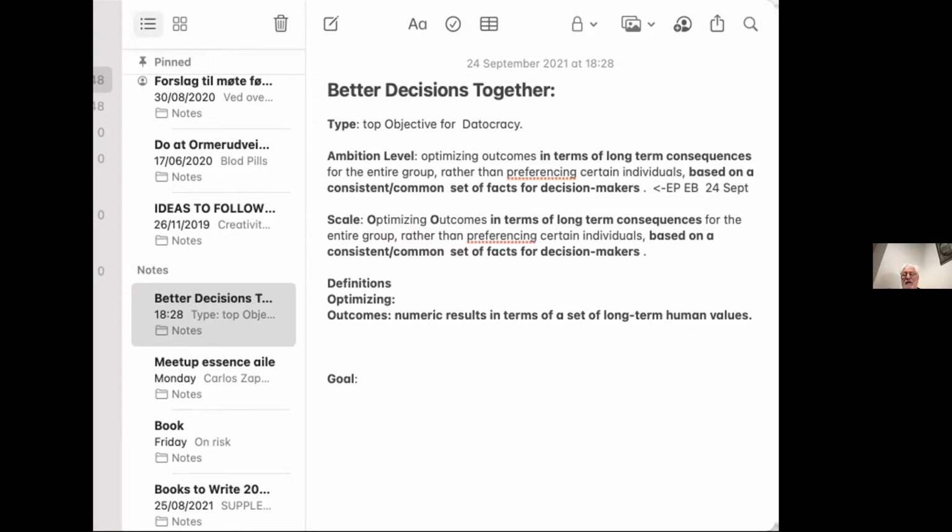I didn't put the word consequences because I felt the word result did it well enough. I did put in numeric because I don't want another set of words that nobody understands. I want some numbers that I can believe in and trust or test. So my question is, I've taken the word outcomes, I've looked at your in terms of long-term consequences, and I have defined it. Do you agree, at least roughly for the purpose of our example, that this is a pretty good definition? We might be able to tweak it later. Or would you like to tweak it now?